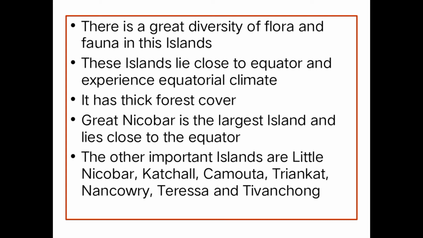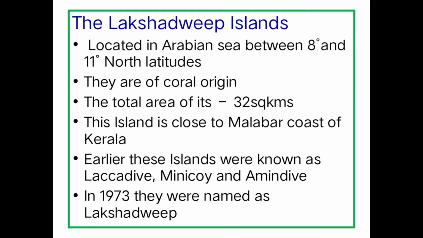They have thick evergreen forests, and Great Nicobar is the largest island and lies close to the equator. Other important islands are Little Nicobar, Kachal, Kamorta, Trinket, Nancowry, Teressa, and Tillangchong.